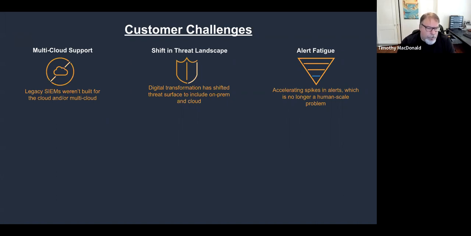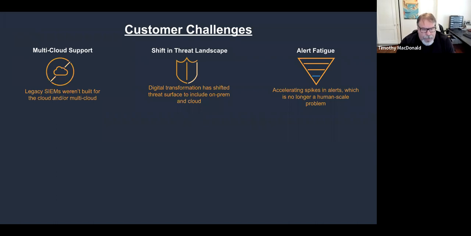Well, one, cloud support. Obviously, we're here with AWS. This is an AWS focused call, but not just AWS, other clouds as well. So the other big cloud providers, most of our customers that we talk to in the field are looking to support all of these, right? And so legacy SIEM solutions are not really built for any cloud, let alone multiple clouds.